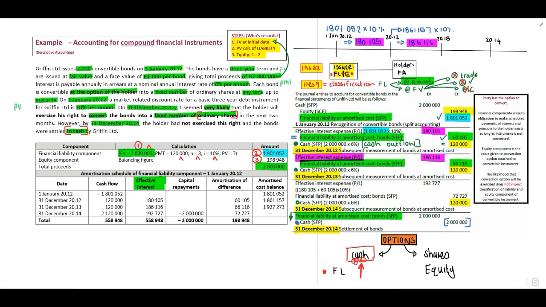Now, when you look at our example, liability 1.8, equity 198,948. Now, when the likelihood is greater that our holder will exercise the option to convert into shares, our equity component will be the higher amount between the two.